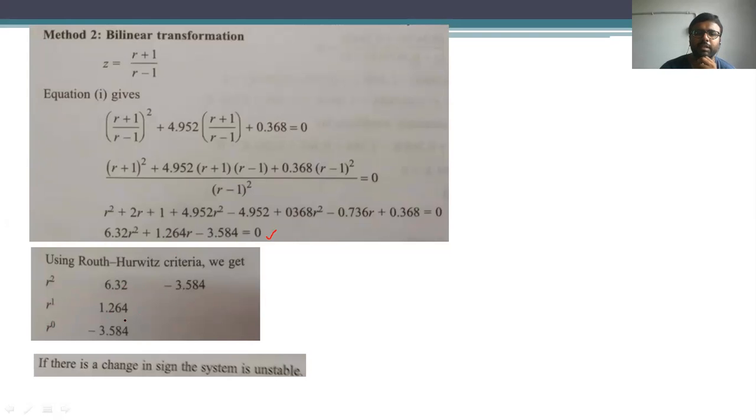Therefore, the value we obtained is minus 3.584.